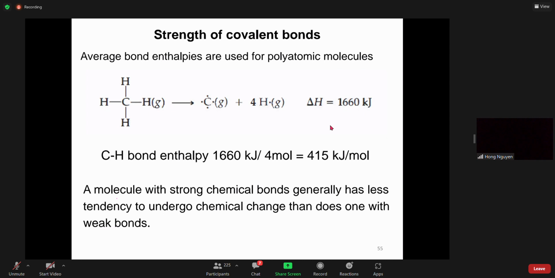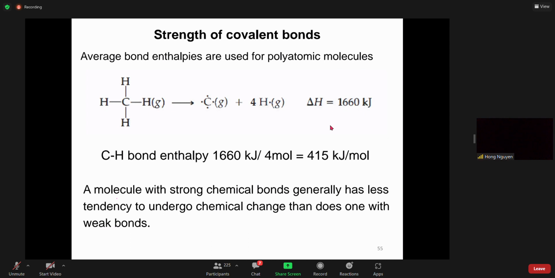So how do we link the bond enthalpy with the strength of the covalent bond? We can say that a molecule with a strong chemical bond generally has less tendency to undergo chemical change than one with a weaker bond. If you have a chemical bond with a higher enthalpy, that means you need to put in more energy to break this bond.